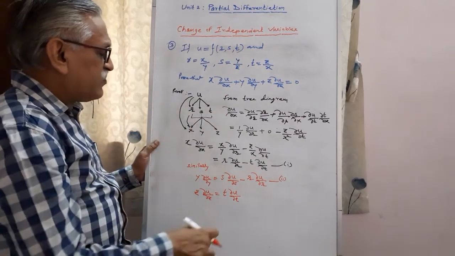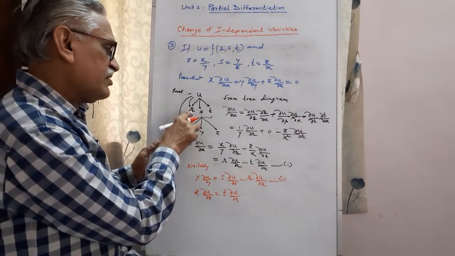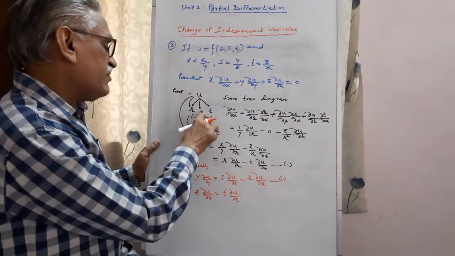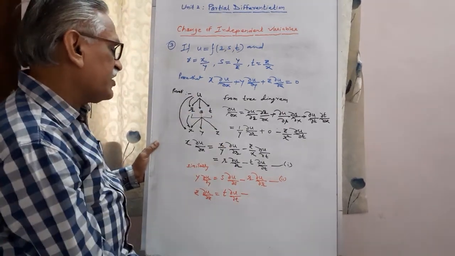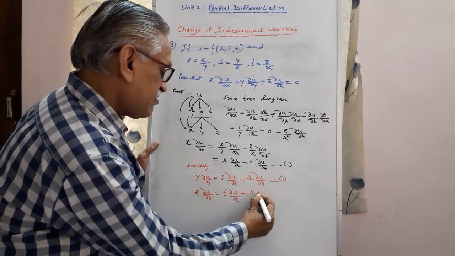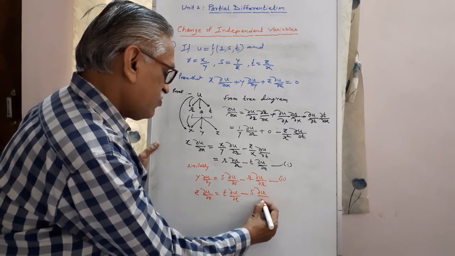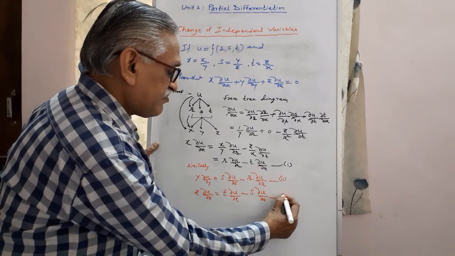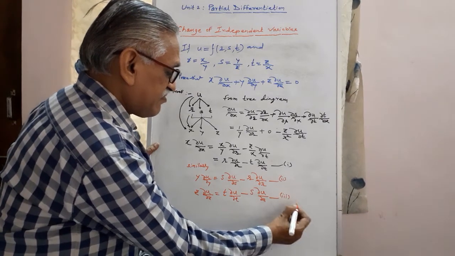We go by the sequence. This derivative is 0, and then the second with a negative sign, s ∂u/∂s. Okay.